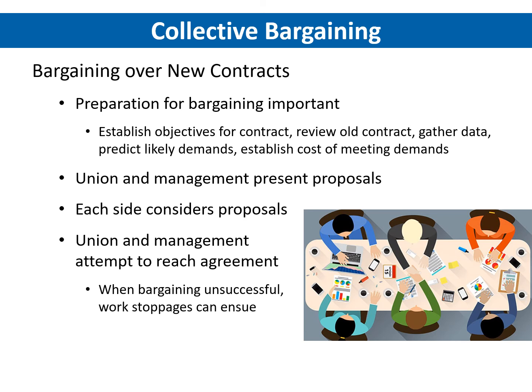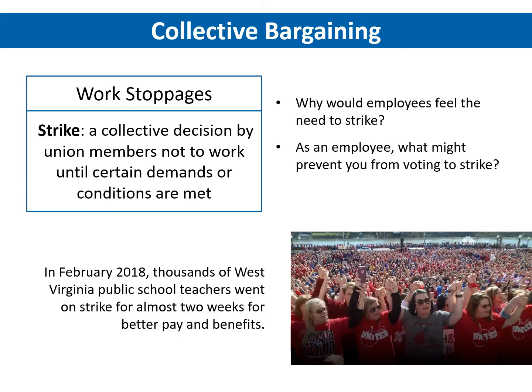In negotiations, both sides will present proposals and then they'll work to reach an agreement. It's in the best interest of all parties to reach an agreement. If they fail to reach an agreement, it's possible that there could be a work stoppage. One type of work stoppage is a strike, and this is where the union decides that union members will not go back to work until their demands are met.